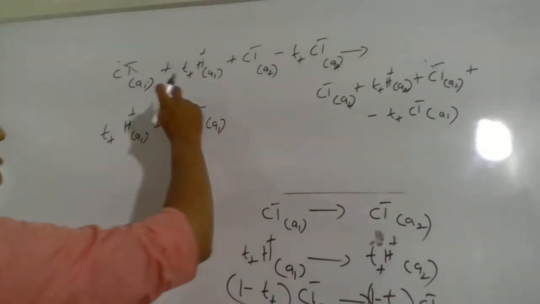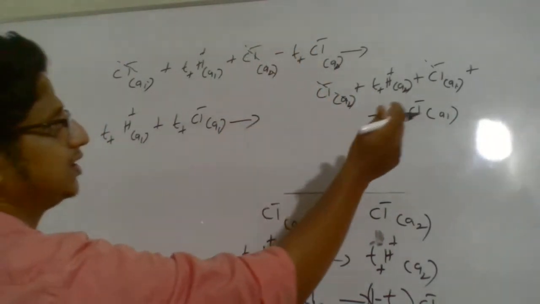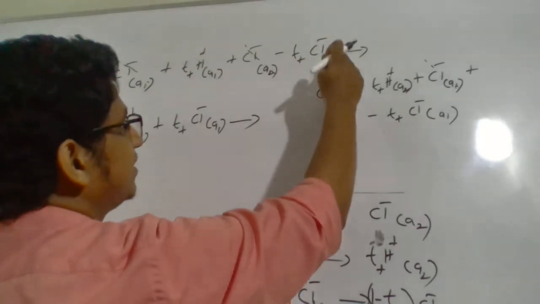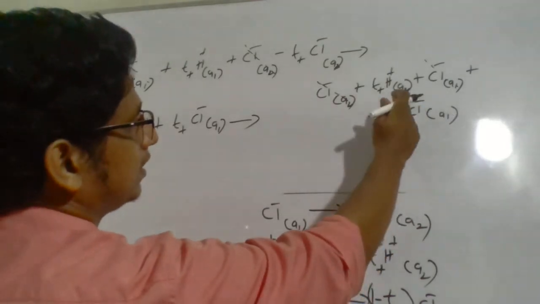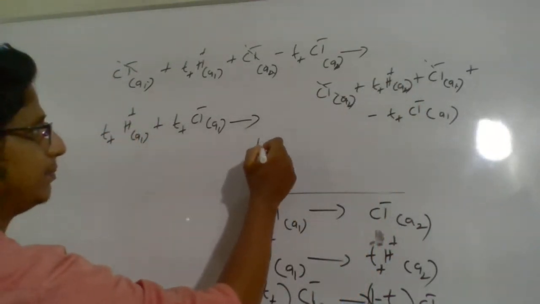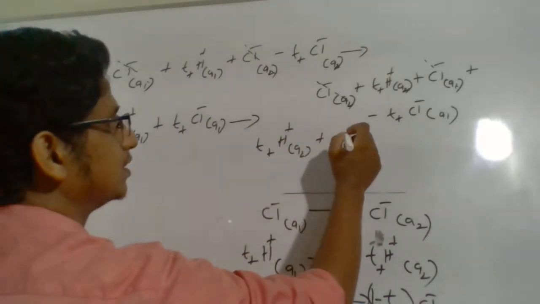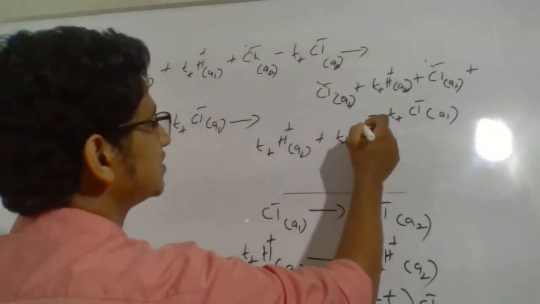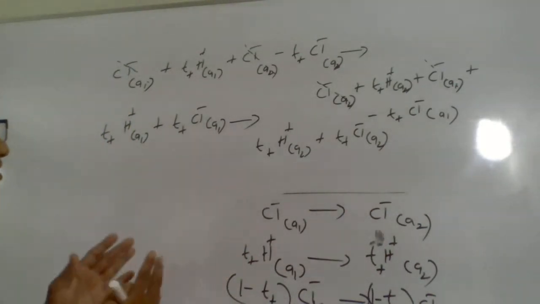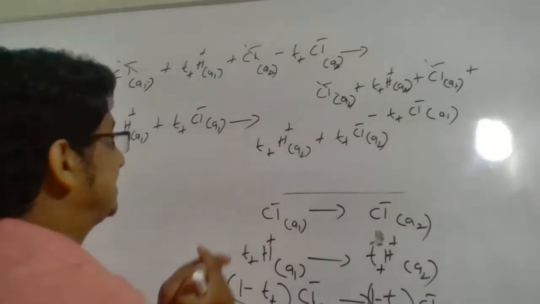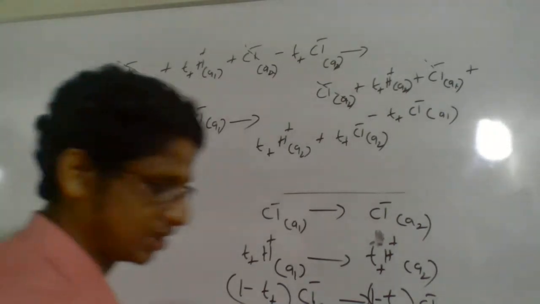Now for the rest, you can see Cl minus A2 is here and Cl minus A2 is there, so that will cancel. Here what is left is minus T plus Cl minus A2, which you can take to that side. Here T plus H plus A2 is there, so it will be T plus H plus A2 plus, taking this to this side, T plus Cl minus A2. So literally the equation now becomes T plus H plus A1 plus T plus Cl minus A1 gives T plus H plus A2 plus T plus Cl minus A2.